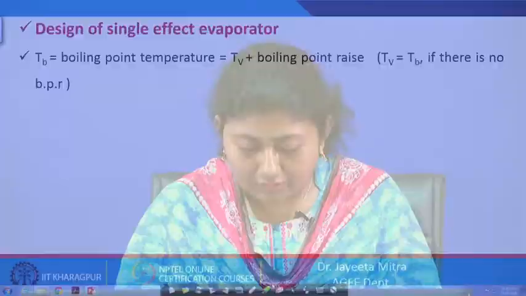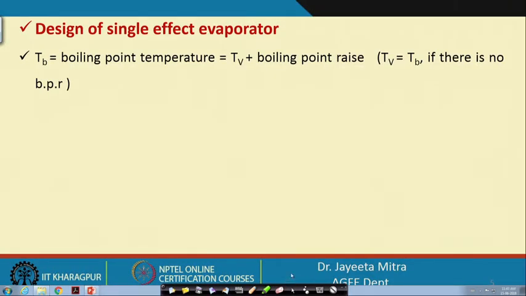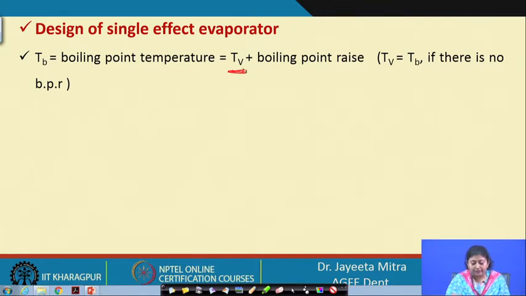So, now we will see what happens if there is boiling point rise in the solution. Tb, the boiling point temperature, will actually be Tv, the saturation temperature at Pv, plus the boiling point rise.